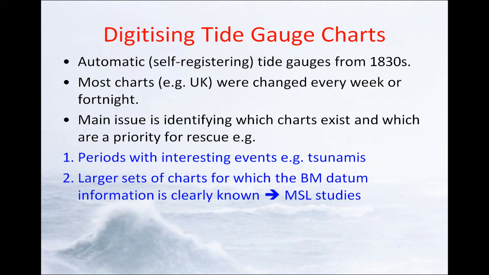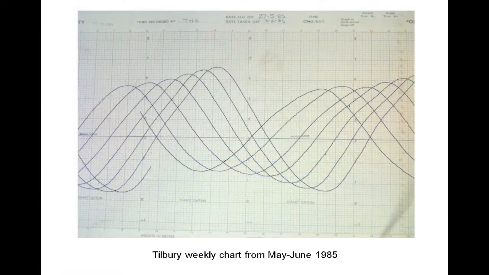As I mentioned before, tide gauges really came in the 1830s. Most of the UK charts were weekly or fortnightly charts. And they were actually very clean things. This is one from 1985 from Tilbury. They're very clean objects.